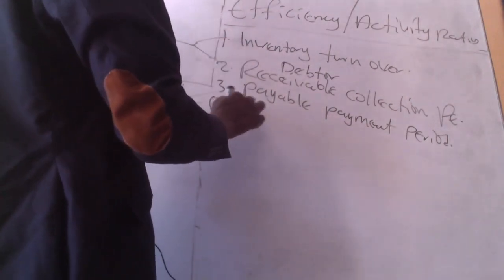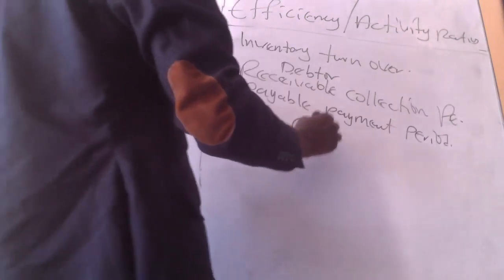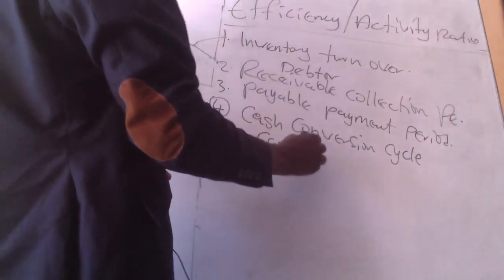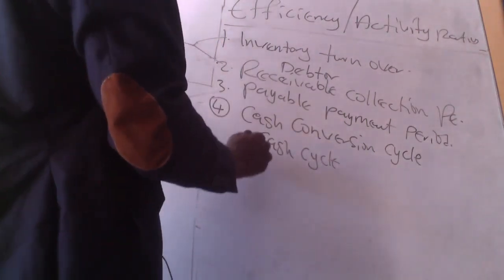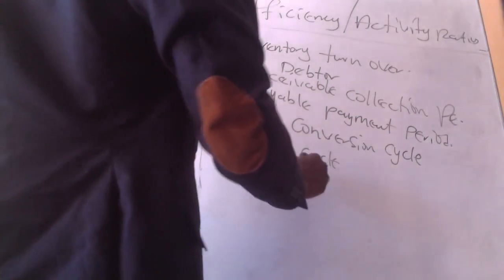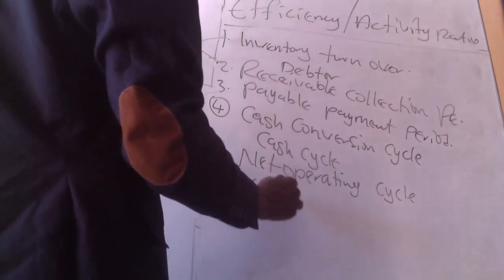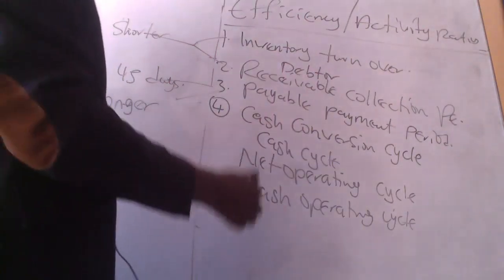CCC. So cash conversion cycle, or simply cash cycle, or I will call it net operating cycle, or cash operating cycle, or oh yes, it has so many names.